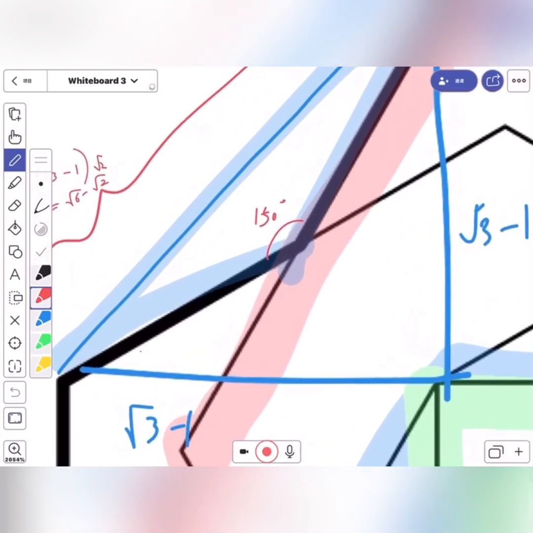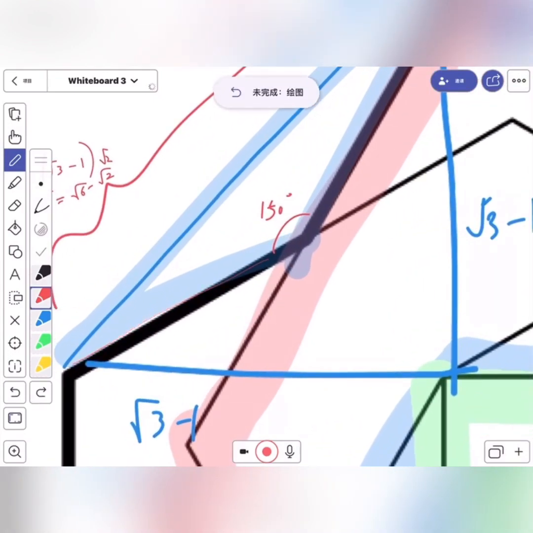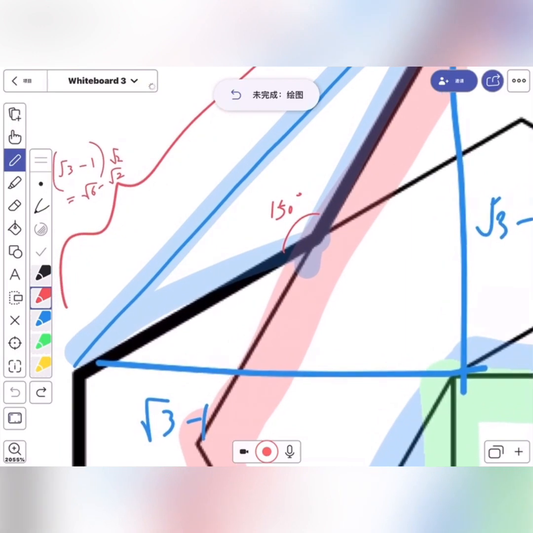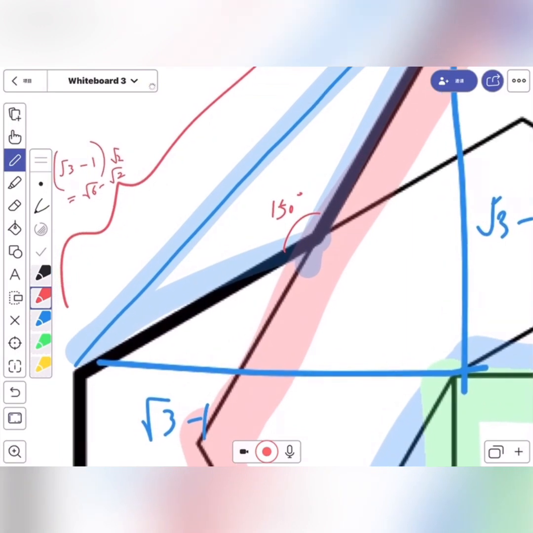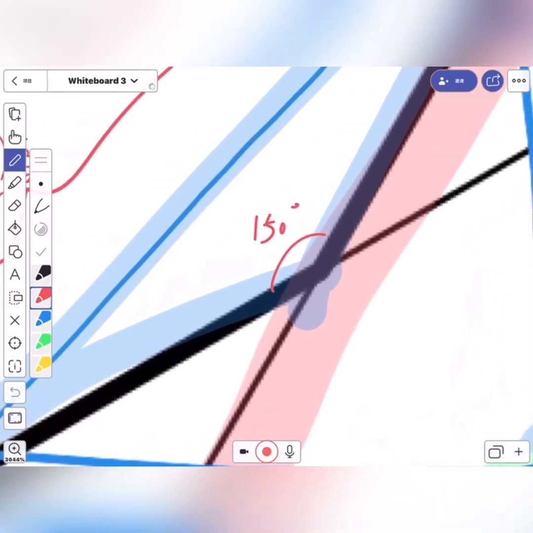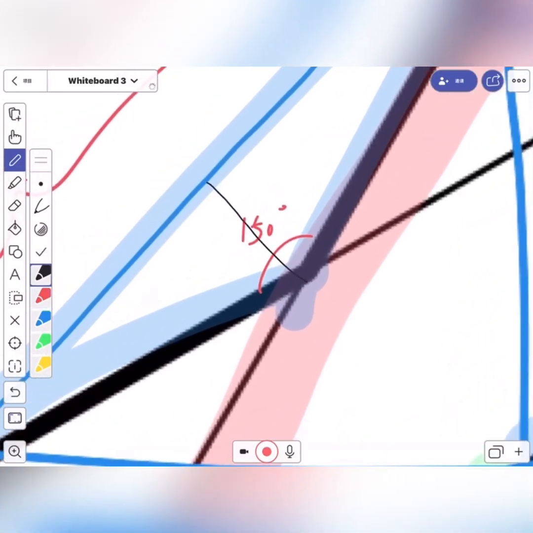Now, can we find these individual lengths? If we found these individual lengths, then we can simply find the area by using the formula 1/2 AB sine C. So now, we're just gonna drop an altitude here.